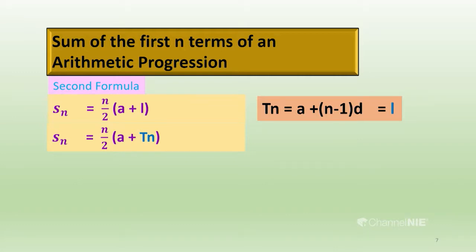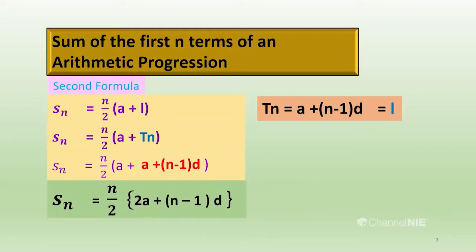Now what is this Tn? Tn equals a plus n minus 1 d. So I can substitute that. Here Sn equals n over 2 times a plus, and instead of Tn I substituted a plus n minus 1 d. Then I simplified it and I got another formula to find the sum of first n terms of an arithmetic progression.